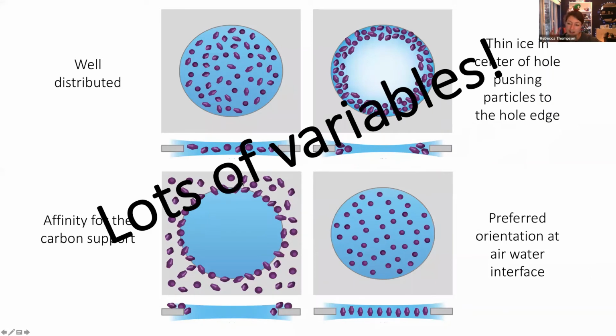The annoying and good thing is that there are lots and lots of different variables, and almost every protein complex that we work with behaves in a slightly different way on the cryo-EM grid. That is frustrating, but the good news is that there are lots of different variables that we can go back and adjust and change in order to get a cryo-EM grid which you can proceed to data analysis with.